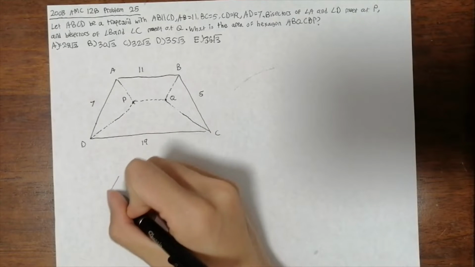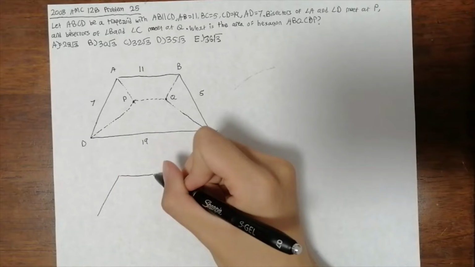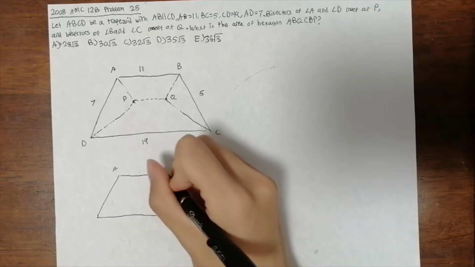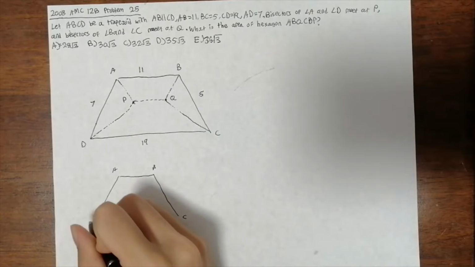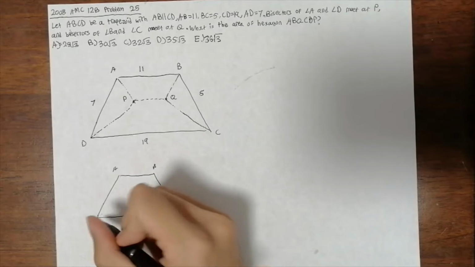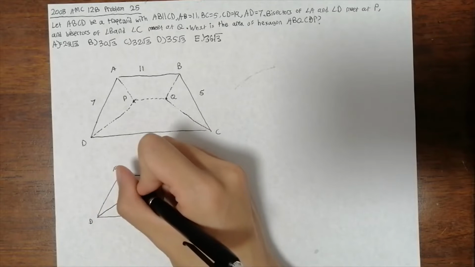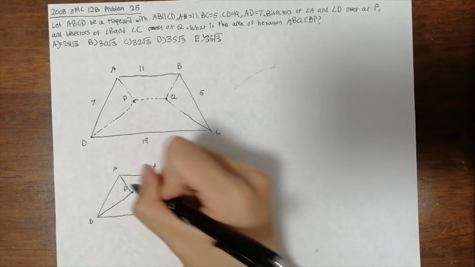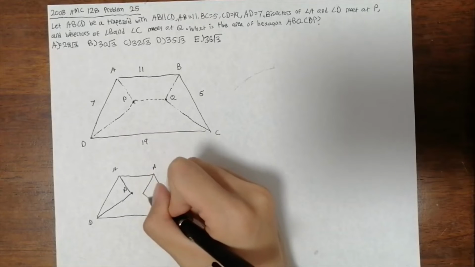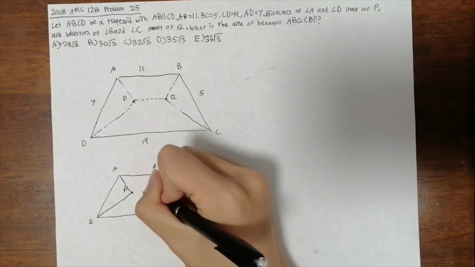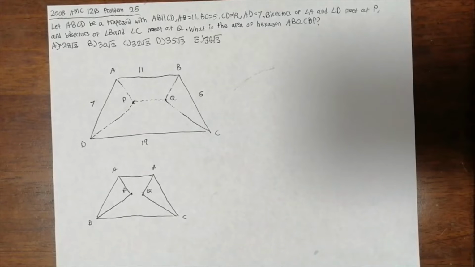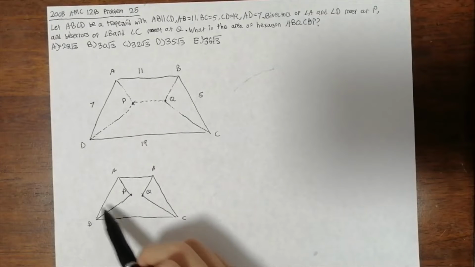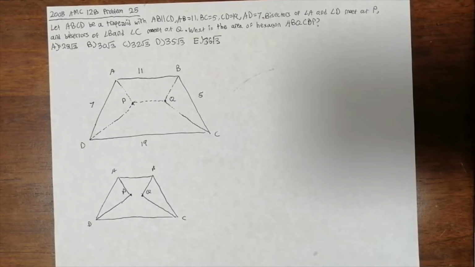Let's say we have any trapezoid ABCD with angle bisectors the same way as in the problem. Well, what do we know about an angle bisector in relation to the two sides that it is sandwiched between?